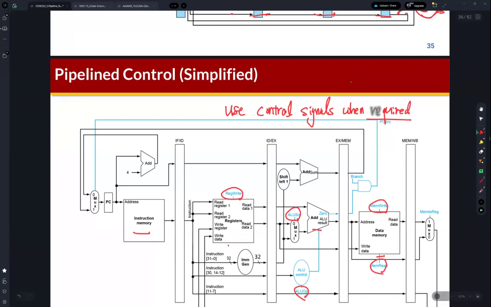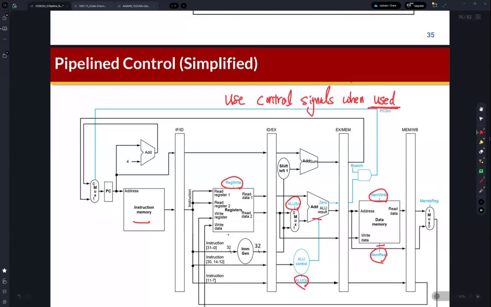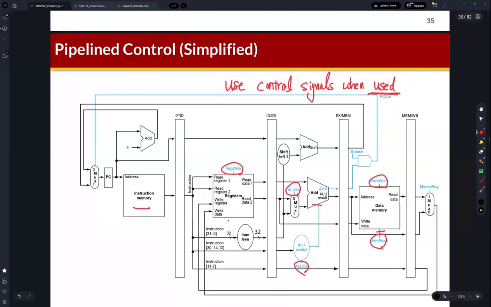So what does that mean? When the control signals are used. What does that mean? So think about this. For example, let's think about the RegWrite.